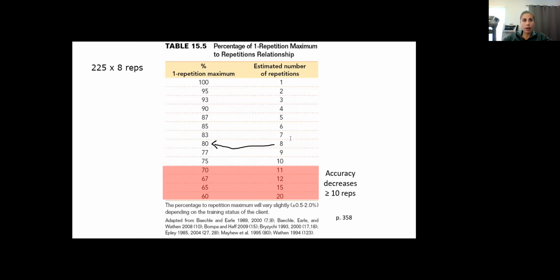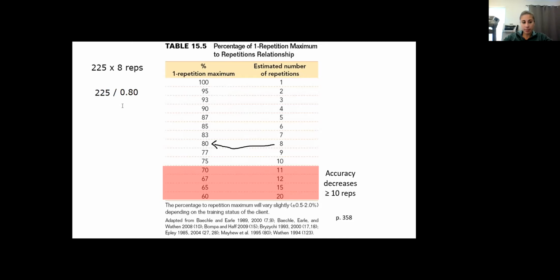So do we remember the math of how we do this? We take 225, what do we do with it? You got it. Thank you, Michael. So 225, and I'll just put a dash because I don't have a division sign, 225 divided by 80%, so 0.80.